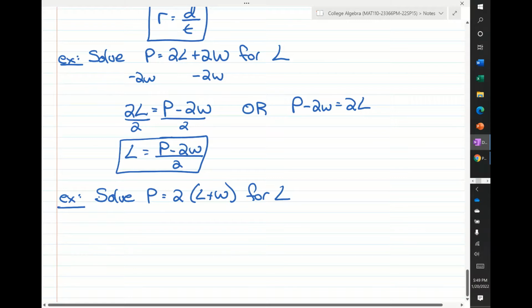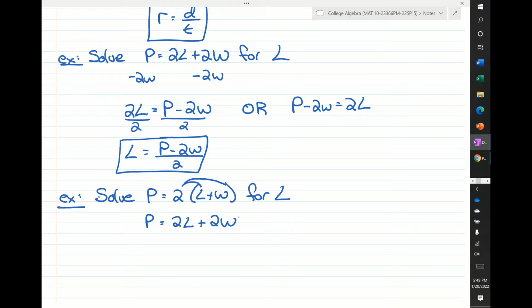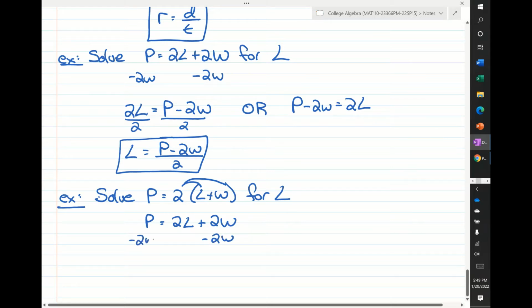What I would recommend for this is I would just distribute it. And then the suggestion was totally correct. It's exactly the same thing. Most of the problems that we're doing in class, they're separated by one step. One step brings you right back to what we just did. So just keep kind of adding one step to these. So again, if we're looking to solve for L, we could subtract the 2W on both sides.